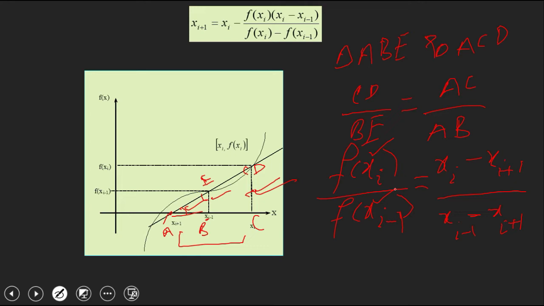And what is xi plus 1? Xi plus 1 is the only unknown, which is the point where the secant line touches the x-axis. So we need to find xi plus 1. This is our target. And as you see, we are going toward the root of the function.